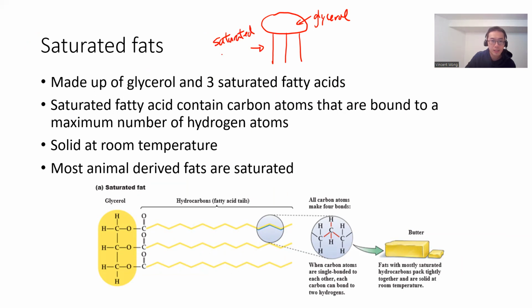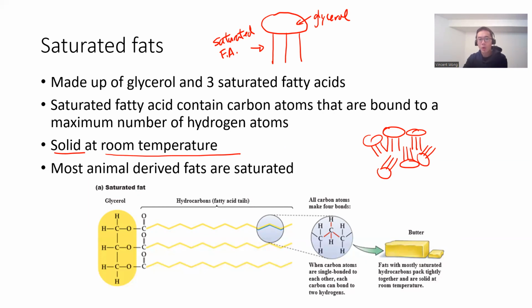Again, saturated just means they have no more room for additional hydrogen. Now, if I put some saturated fatty acids next to each other, they have no problem getting real close with one another, because they don't take up a lot of space. So they clump together easily, and that is why saturated fats are usually solid at room temperature.